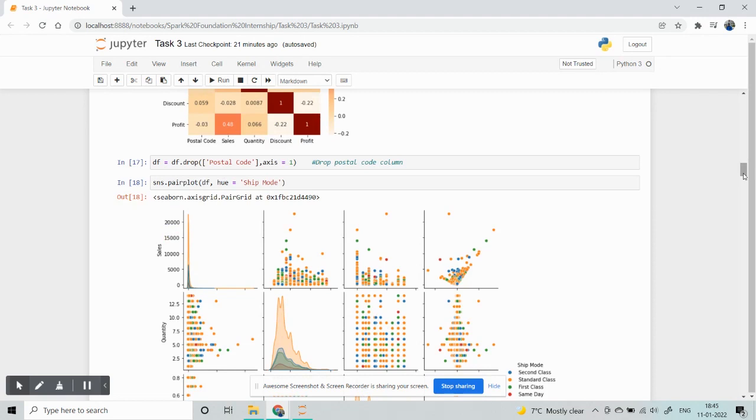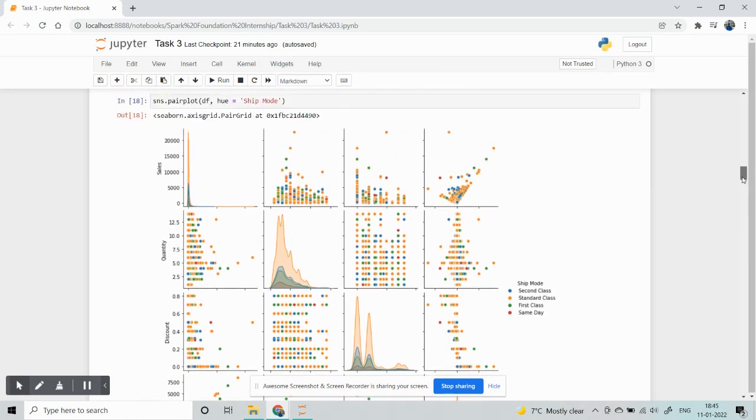Next, we will take the important columns and try to plot pair plots, histograms, and pie charts.